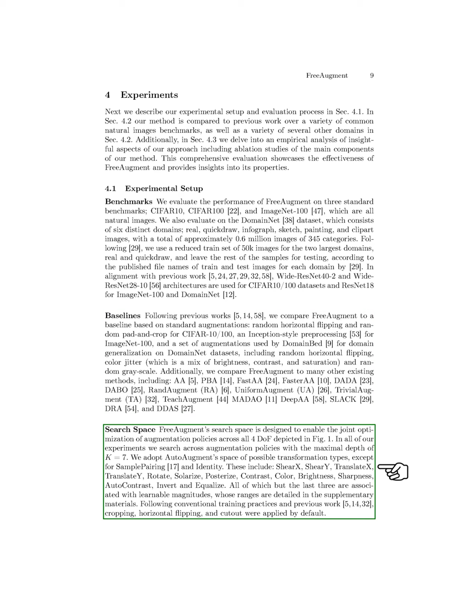We designed FreeAugment's search space to optimize augmentation policies across 4 degrees of freedom, as shown in our figure. In our experiments, we explore augmentation policies with a maximum depth of 7.